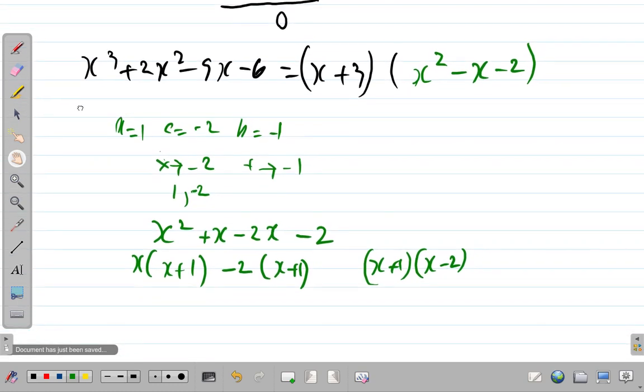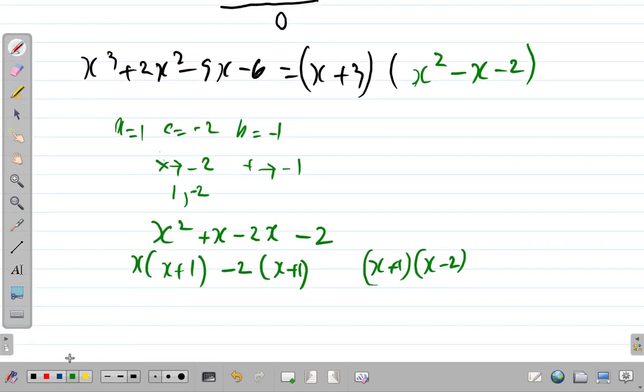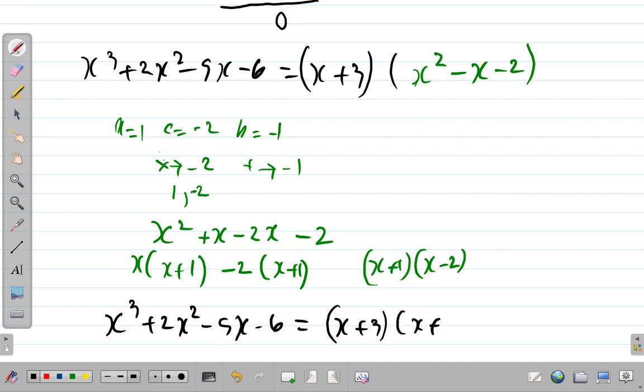What you can say here is that x cubed plus 2x squared minus 5x minus 6 is equal to x plus 3, x plus 1, x minus 2. Completely factorized.